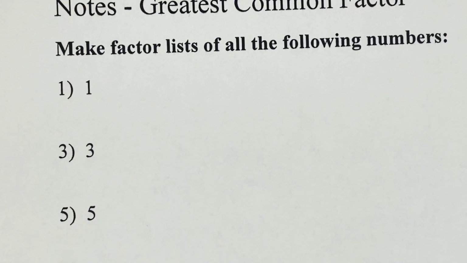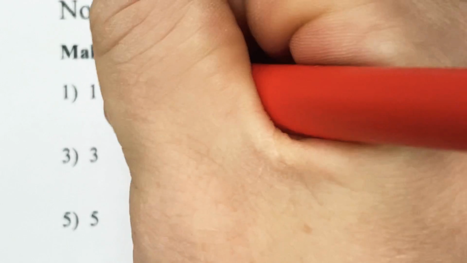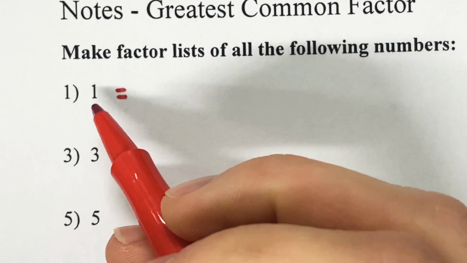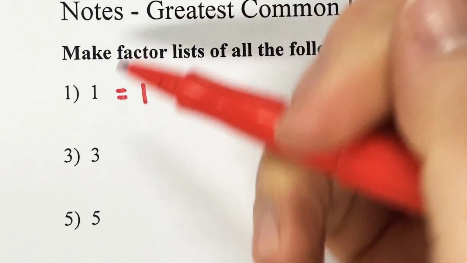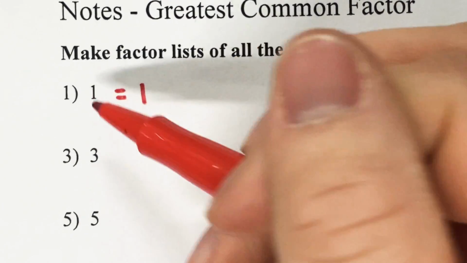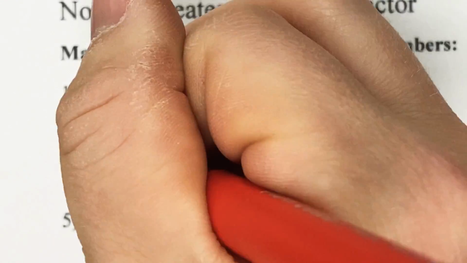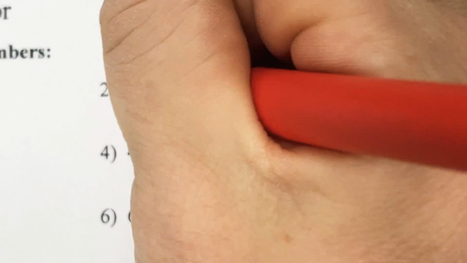Okay, so for number 1, what are the factors of 1? Meaning, what are the only numbers that can multiply to give you 1? It's just 1. Okay, 1 times 1 is the only number that you can multiply to give you 1. What about, we skipped 2. What about 2?